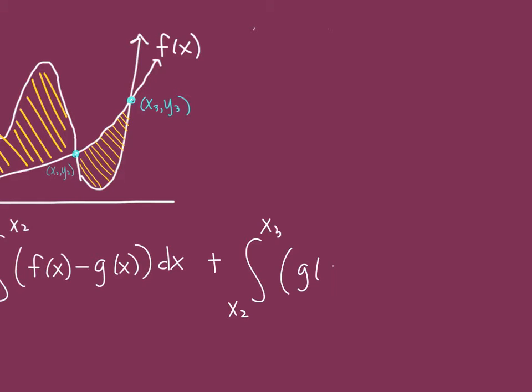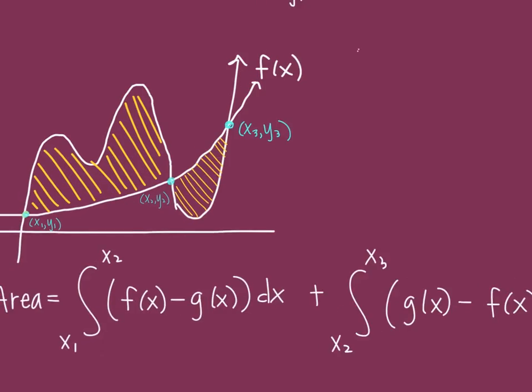So g of x is first, minus the f of x, which is the lower function, but I'm still working from left to right. For every section of intersection points, you'll set up a new integral to find the area for that region.